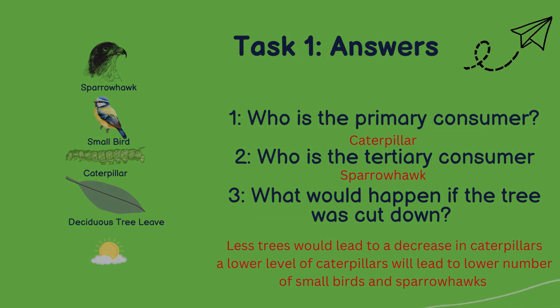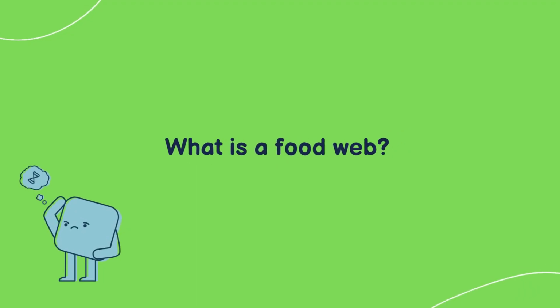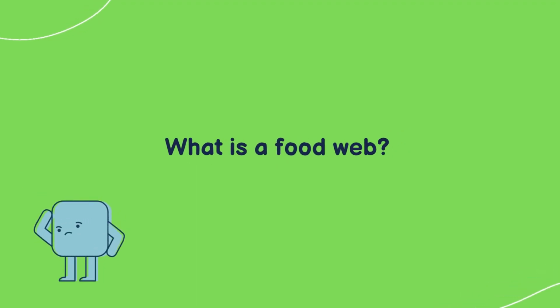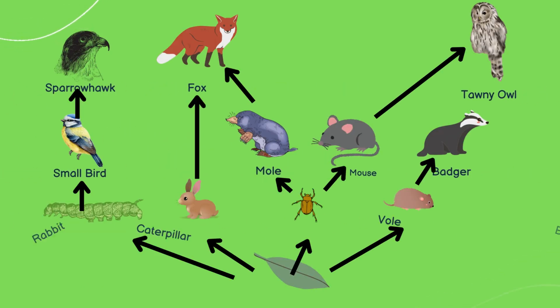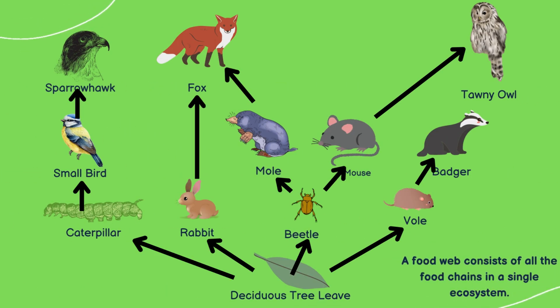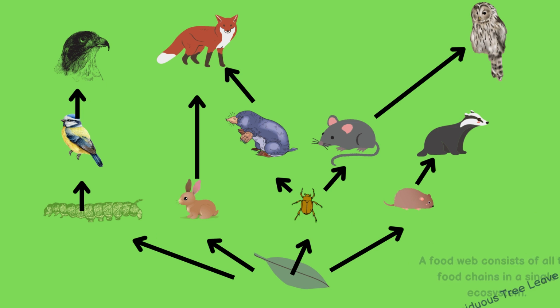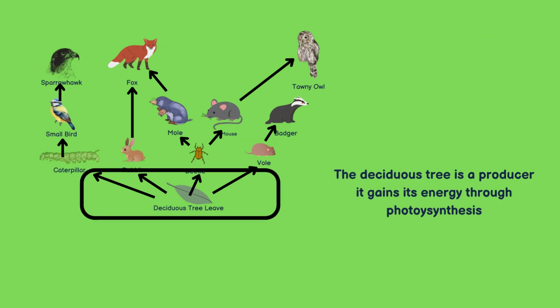We're going to take a look at a more complex food web. A food web consists of all the food chains within a single ecosystem. Like the previous food chain, the deciduous forest is the producer, which gains its energy from the sun.